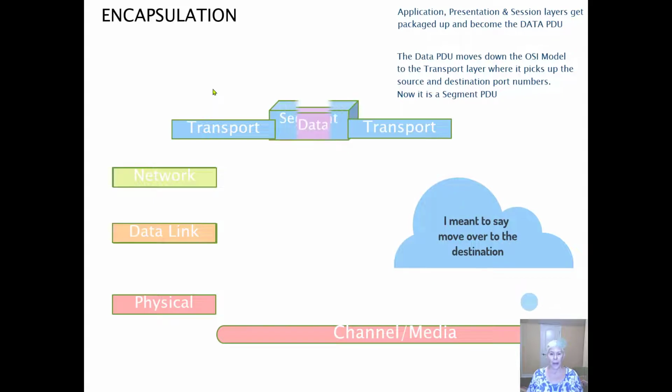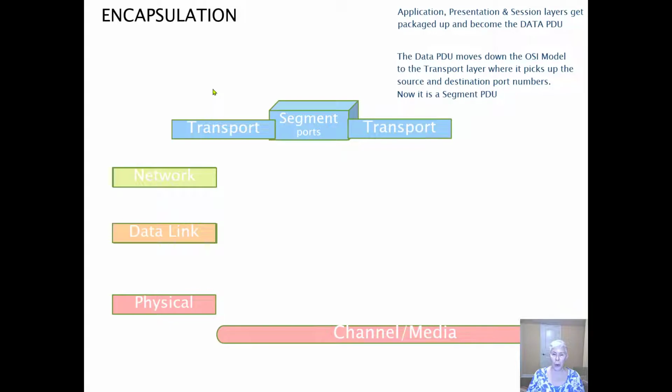What it picks up right here are port numbers, a source port and a destination port. Maybe you've seen like HTTP has a port number of 80, or HTTPS has a port number of 443. Well, now that this data has moved down, it's got encapsulated where it picked up port numbers. We're now going to call this the segment.